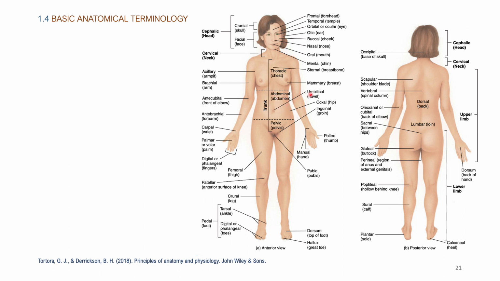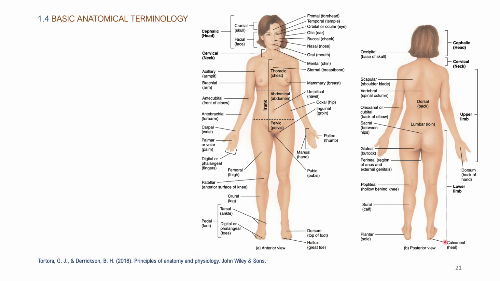We have here your umbilical, the navel, the coxal, the inguinal or the groin region now found in your pelvic part. Your thumb, your manual. Manual refers to the hand, when you hear the word manuscript, manicure, manipulate. And here the pubis, dorsum, and the hallux.